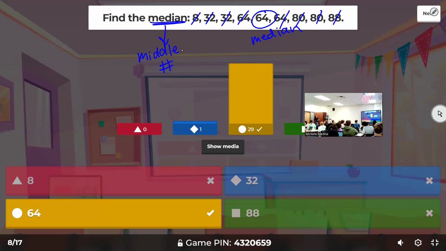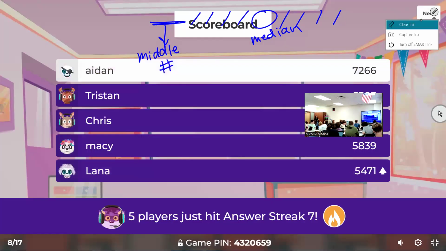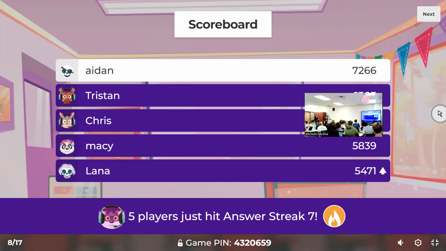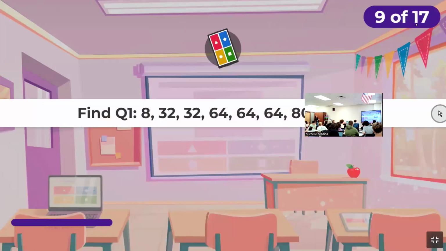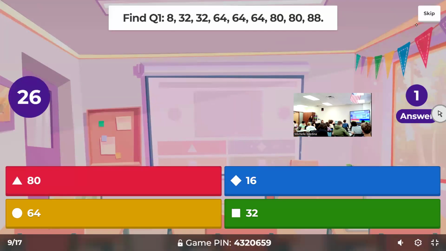So the next one is going to be the same data set, just asking you something else about it. You don't want to rewrite the whole thing. And you're asking now for Q1. What is Q1 for that data set?